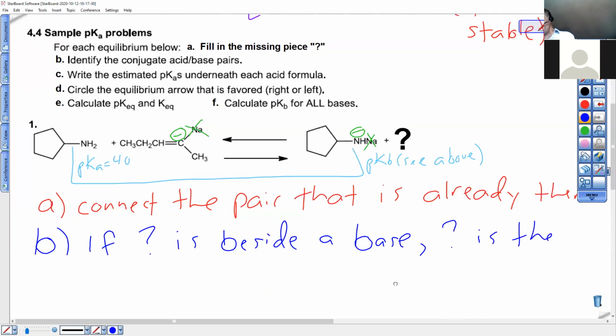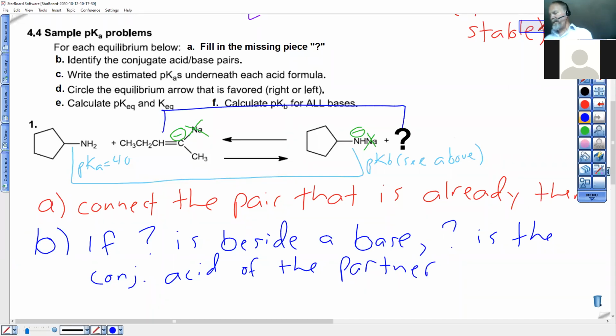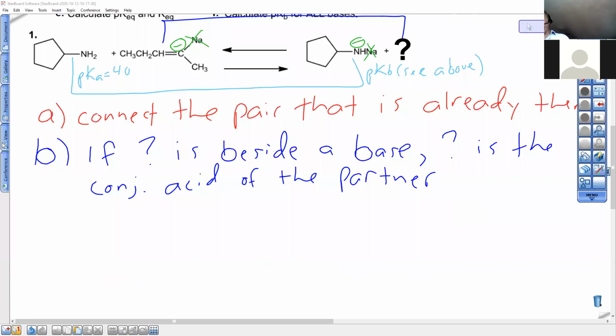Acids react with bases. Question mark is the conjugate acid of the partner. What partner are we talking about? Well, it's got to be a partner with the other species. Sorry. Anthropomorphization is a dangerous thing.